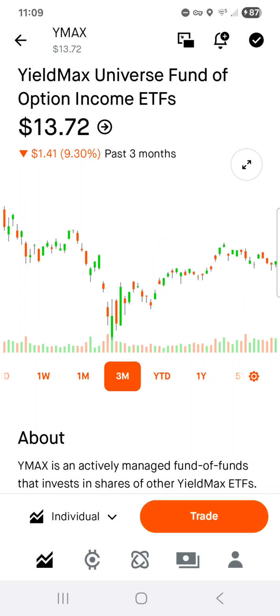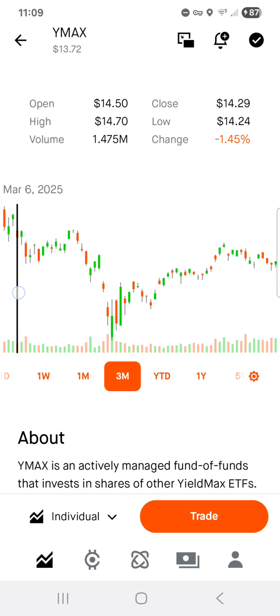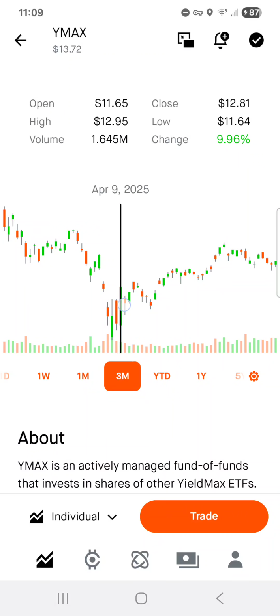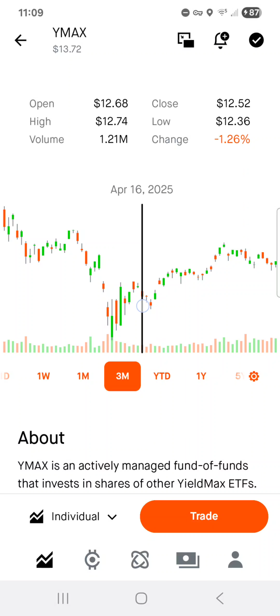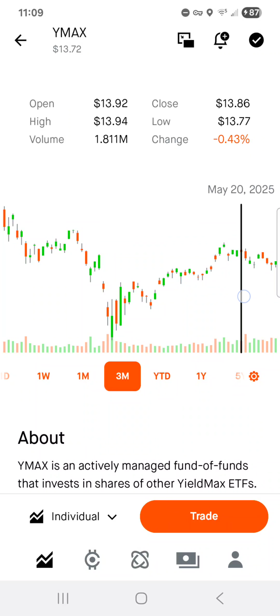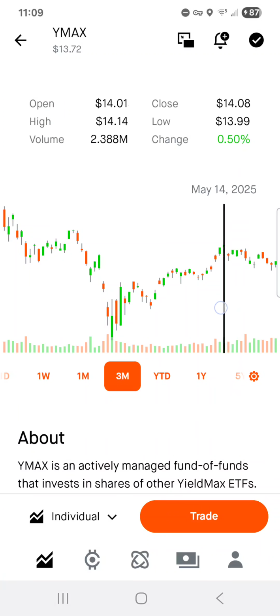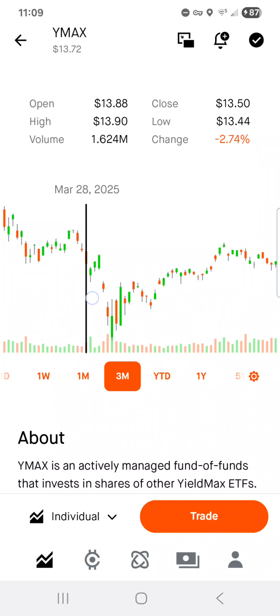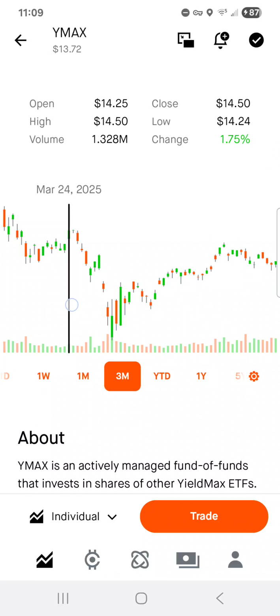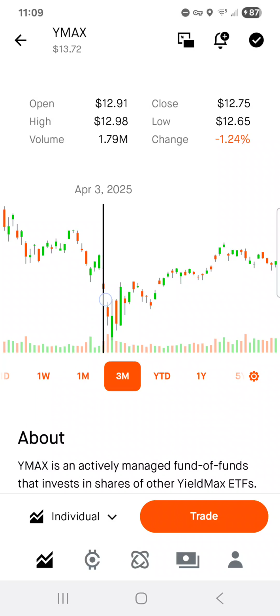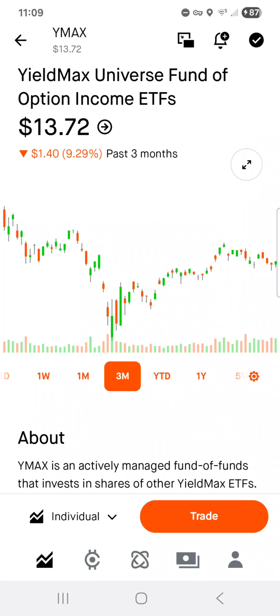Past 3 months, it started at almost 15, dropped down to 12 something, and bounced back up. So, your typical stock price movement. So we go back.